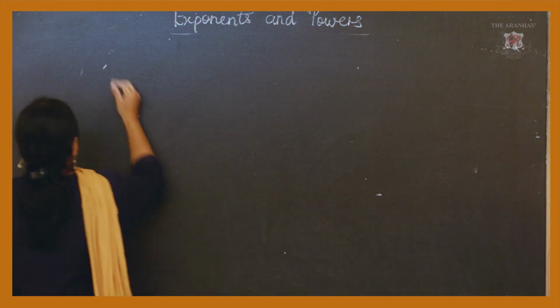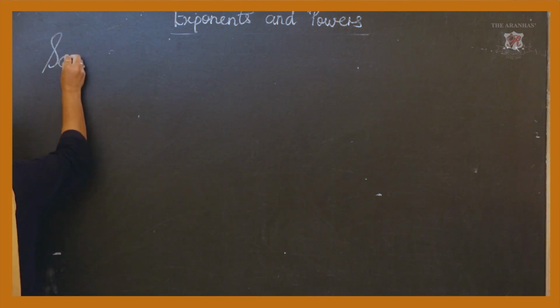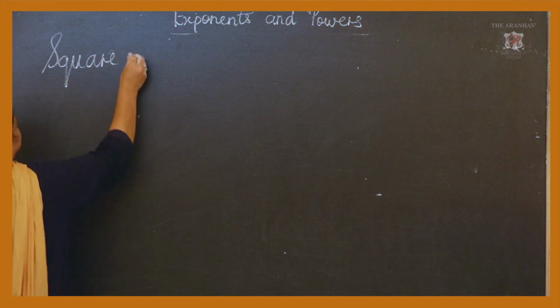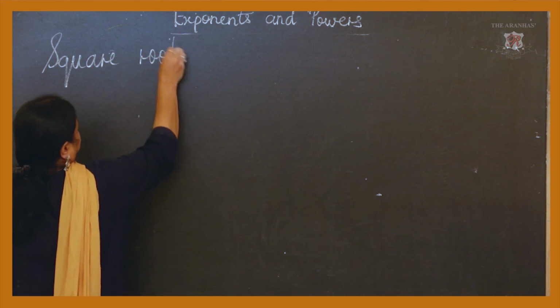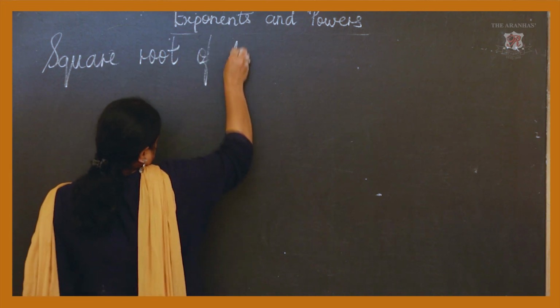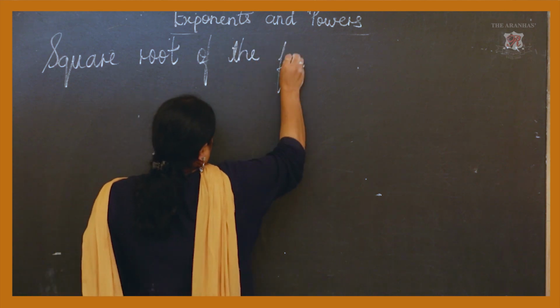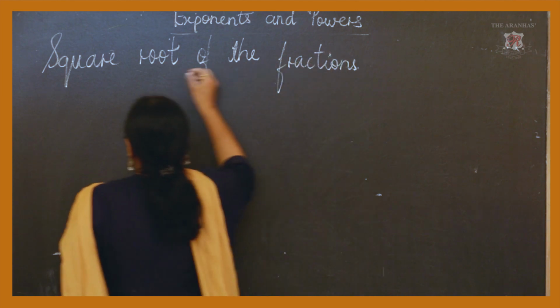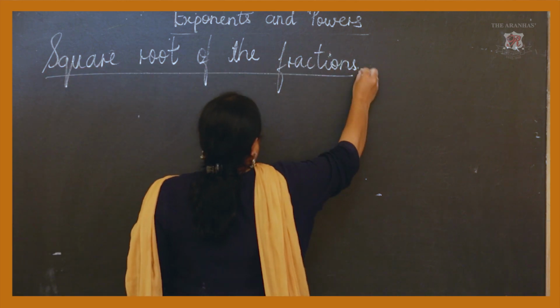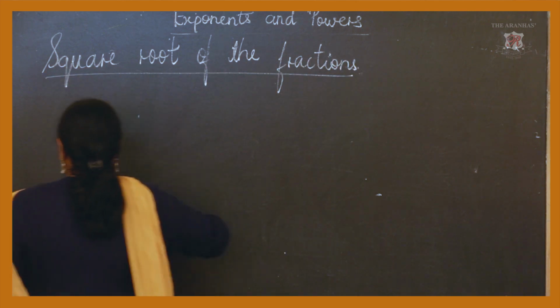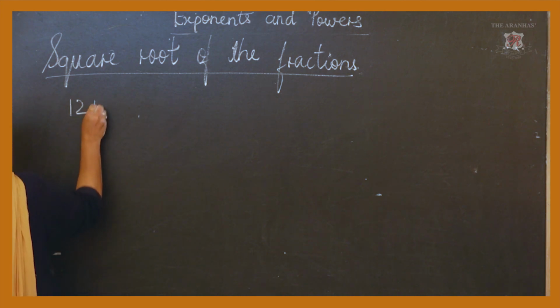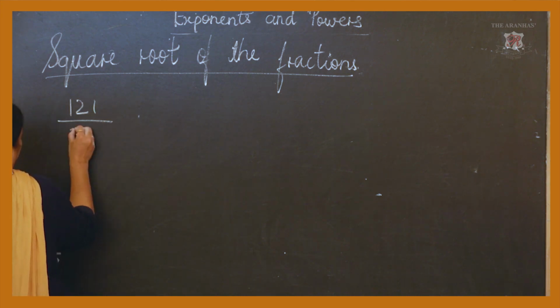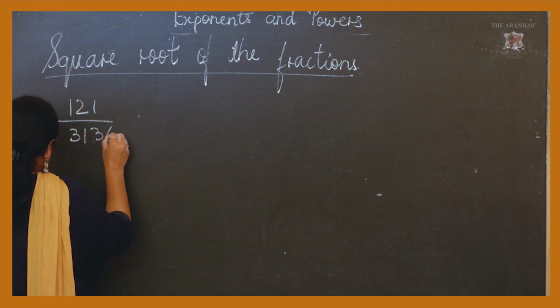Next is the square root of the fractions. When you're taking the square root of the fractions, suppose I'm taking one number, 121 divided by 3136.